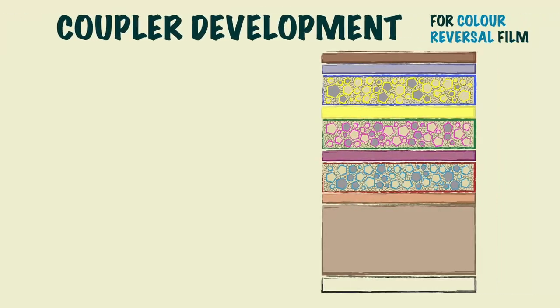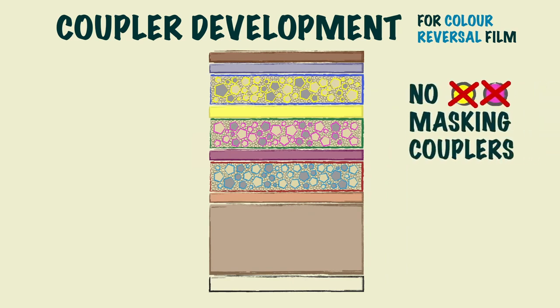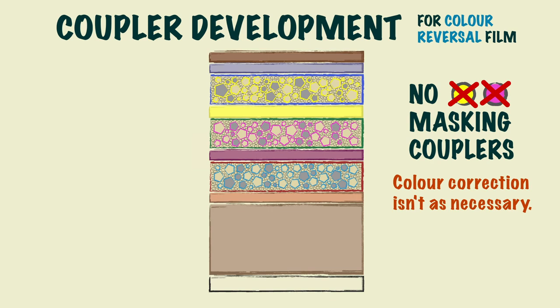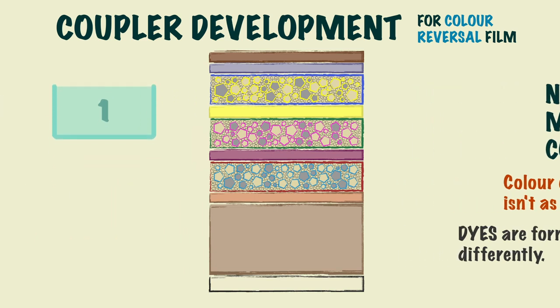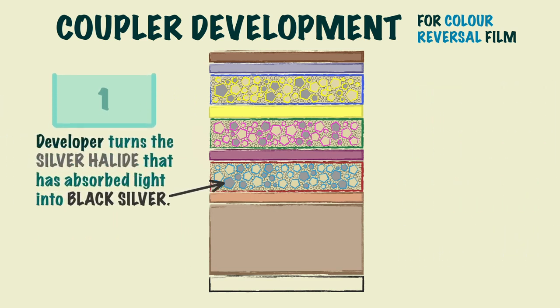Colour reversal film, however, doesn't have masking couplers, as colour correction isn't as necessary. Dyes are also formed differently with reversal film, and the coupler development stage is broken up into two parts rather than all in one. For the first part, the developer turns the silver halide that has absorbed light into black silver.